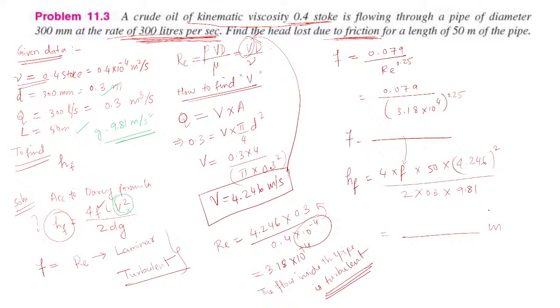If you are following inches, follow everything in a single format, okay. So this is how you solve the head loss of the pipe due to friction. Fine. So any doubt?